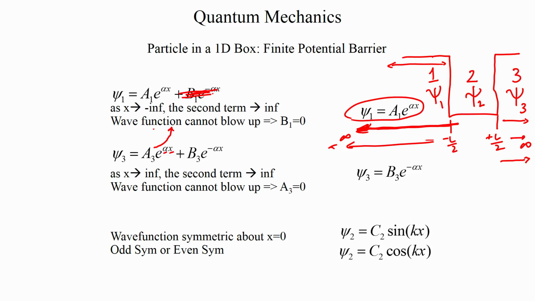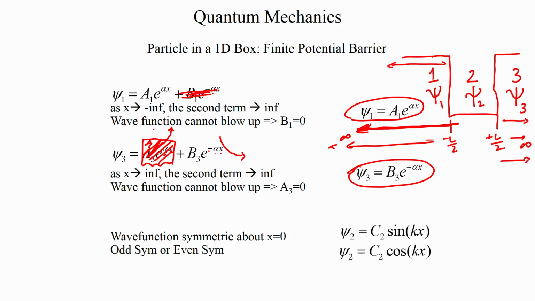Here you have a negative sign and alpha is positive, and you are increasing x from L by 2 to infinity, therefore this term starts dying out. Since you cannot allow the wave function to blow up, the blowing-up component cannot exist. Therefore, in region 3 the wave function must take a nature that looks like this.